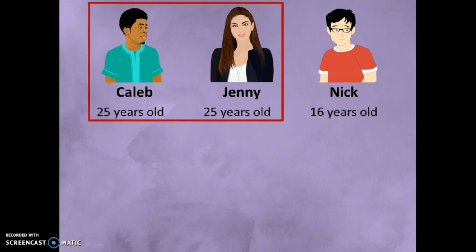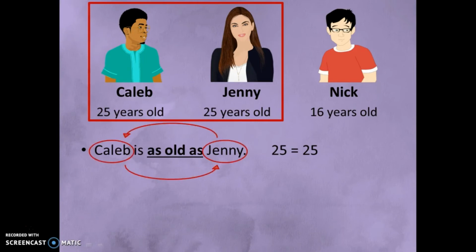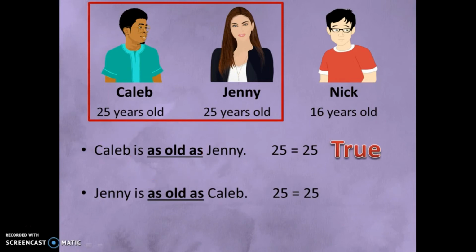So, back to Caleb and Jenny. I could make the sentence, Caleb is as old as Jenny. Because they're both 25 years old, and 25 equals 25. Now, if I switched Jenny and Caleb's name in the sentence, and I said, Jenny is as old as Caleb, now, both of these statements are true, because no matter which person that you put first, the sentence or the mathematical equation is still true.